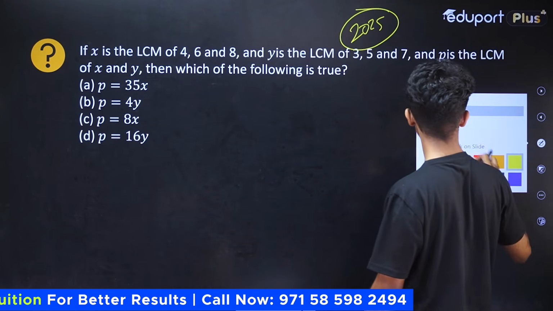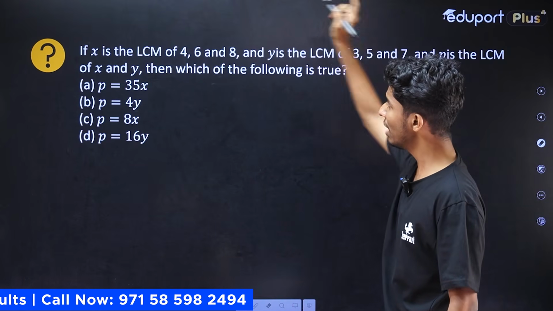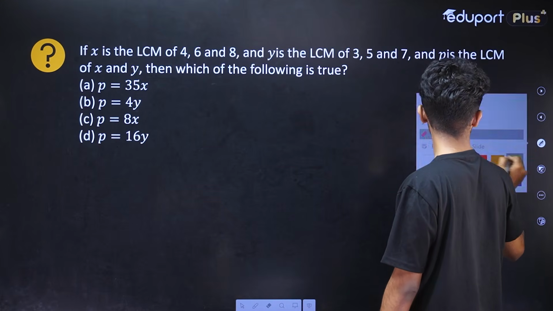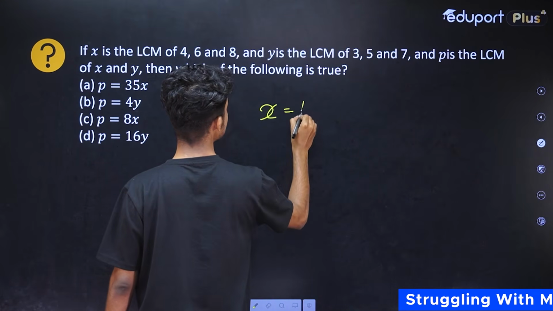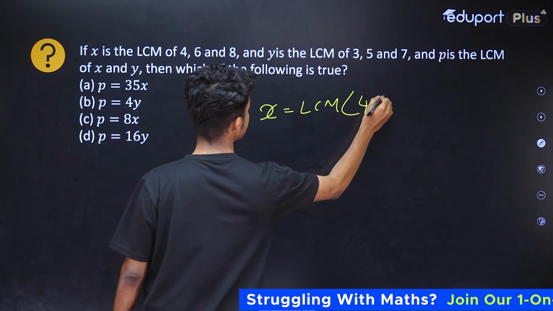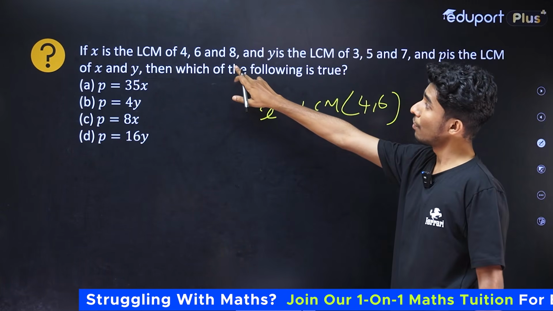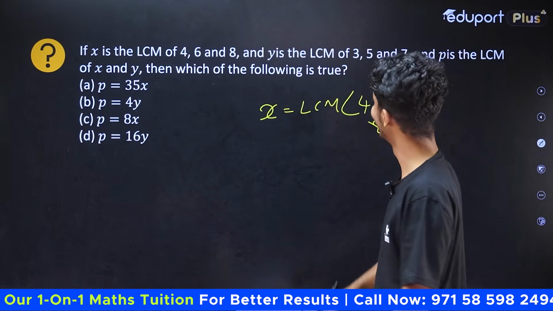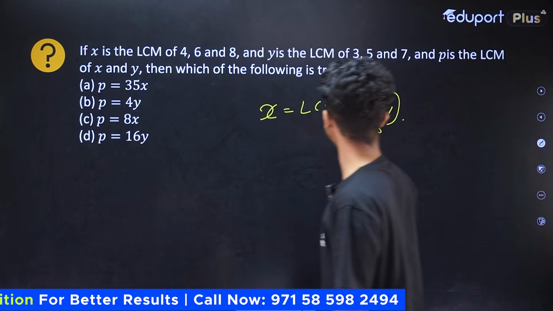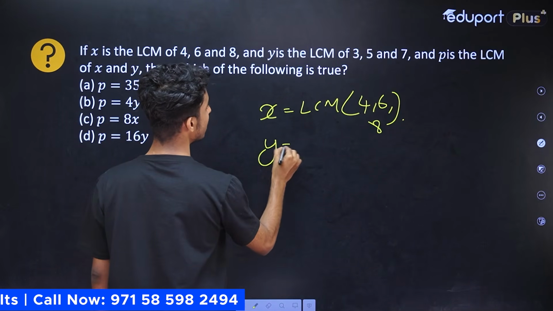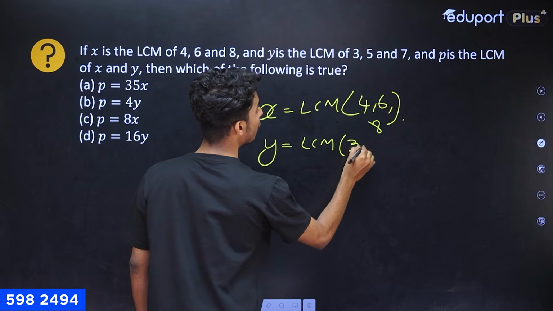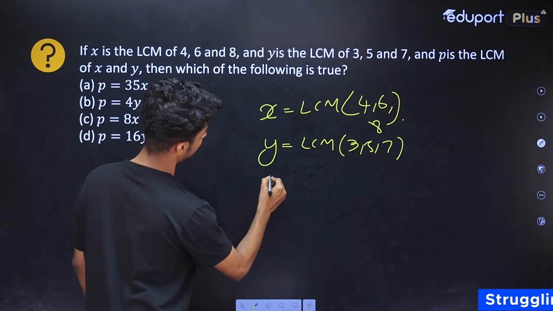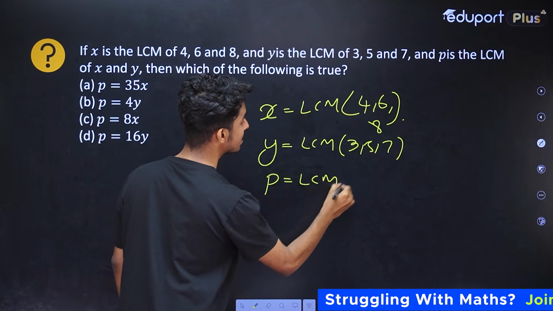If x is the LCM of 4, 6 and 8, and y is the LCM of 3, 5, 7, and P is the LCM of x and y.